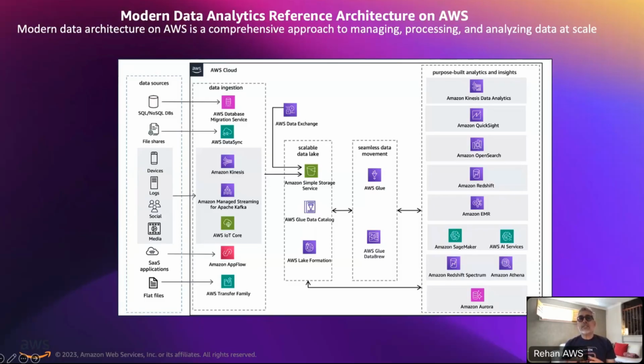Okay, so once you've ingested the data, where would you store that data? What we provide is AWS Lake Formation, which helps you build a scalable data lake using S3 as the storage. So data is ingested, data is stored. The next thing that you would conceptually do is to then provide it to your business.